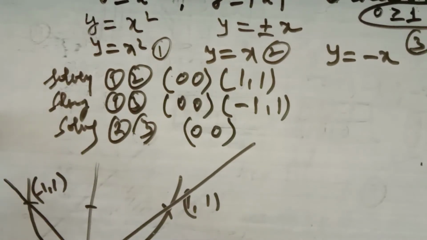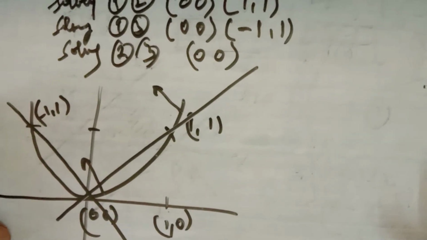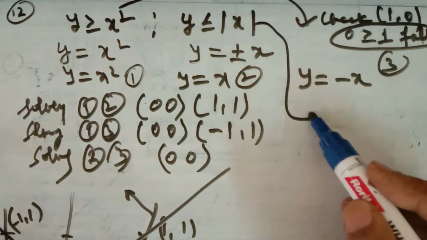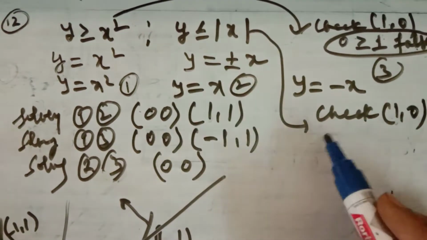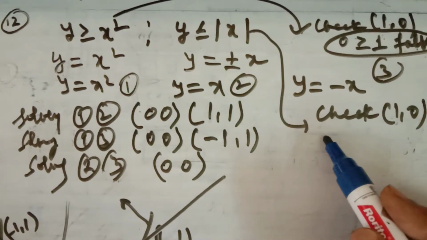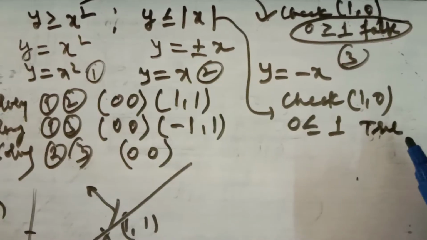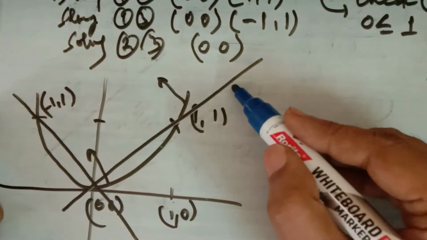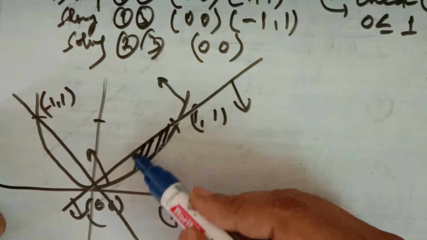It means this point 1, 0 is not a solution of this parabola inequality, so the region will be away from this point 1, 0. Similarly, if you check 1, 0 for this equation also, it is 0 less than or equal to 1, which is true. So it means 1, 0 is a solution of this line. So it means you have to find this area.